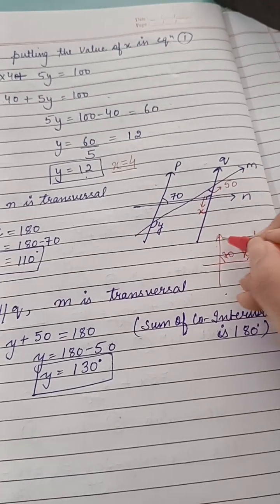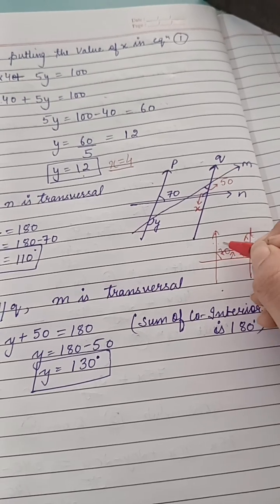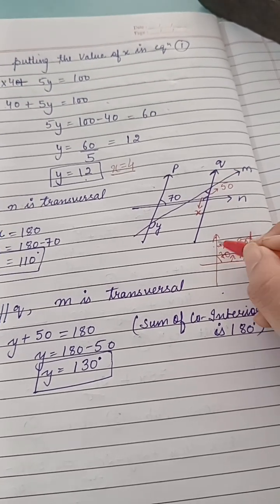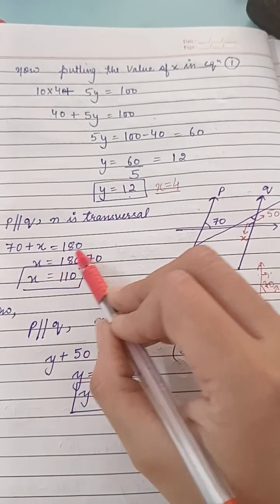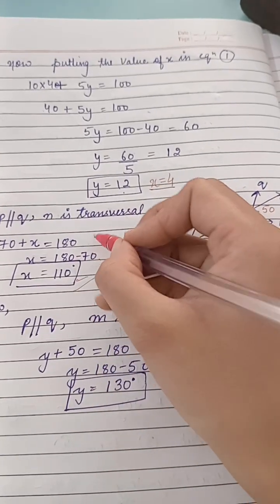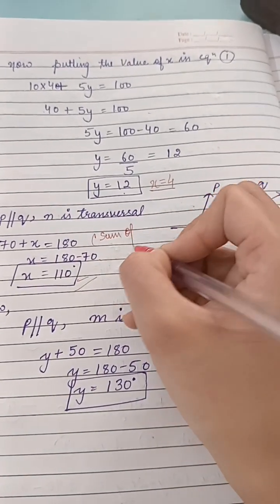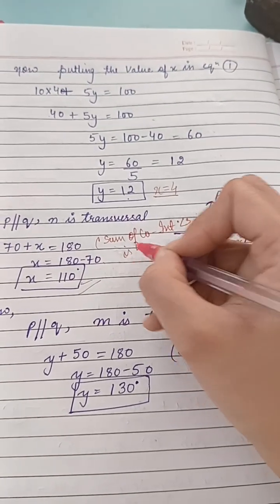We can check, these are parallel lines, same side of transversal and interior of the parallel lines. Yes or no? This is interior, so co-interior. 70 plus x equals to 180, x equals to 180 minus 70, that is 110. Sum of co-interior angles is 180.